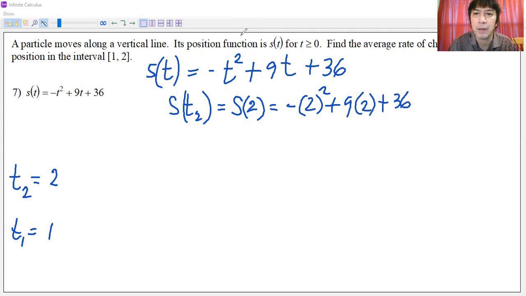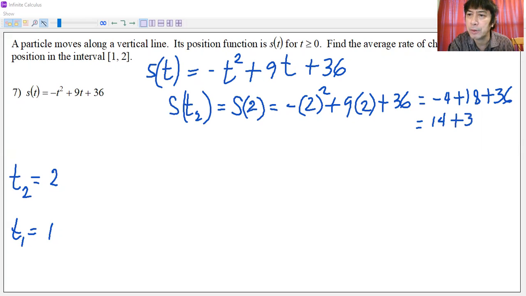This amounts to negative 4 plus 18 plus 36. The 18 and the negative 4 give 14, plus the 36, and this will be 50. So this is now 50.